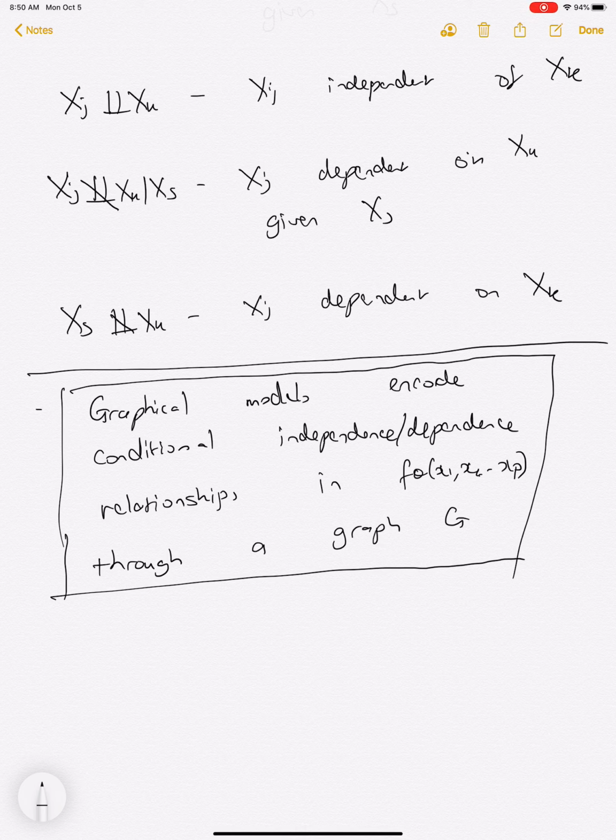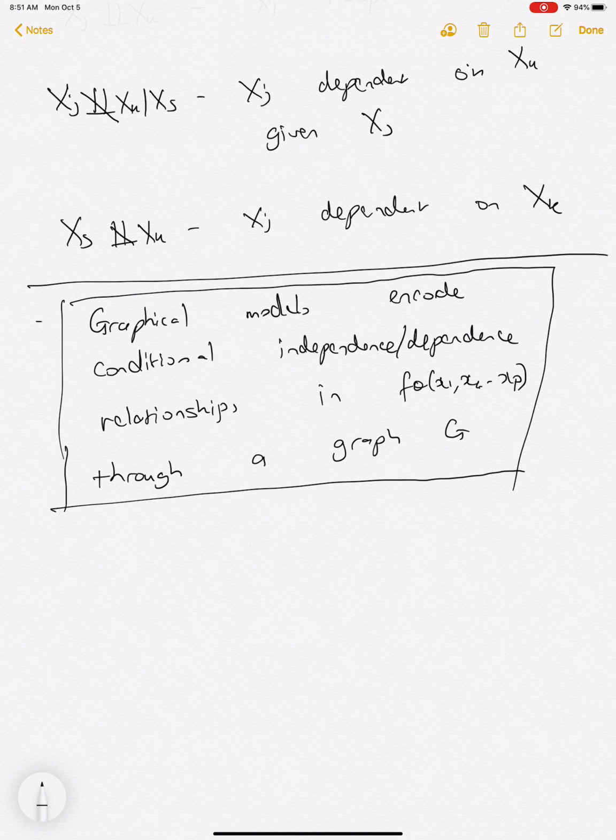Conditional independence and dependence is a property of the distribution, so it's a probabilistic concept, right? And then a graph, we haven't defined it, but we will shortly, is a set of nodes and edges, and effectively, the graph is encoding the conditional independence and dependence structures.